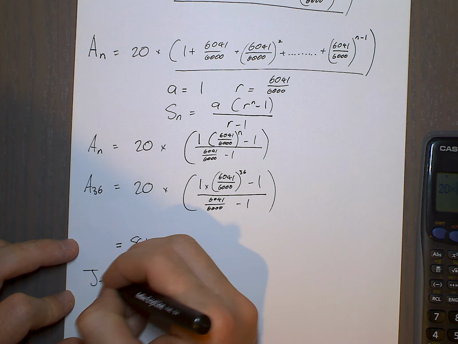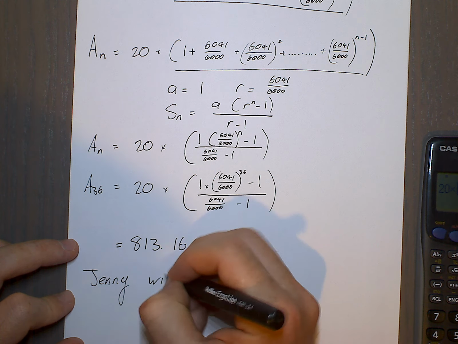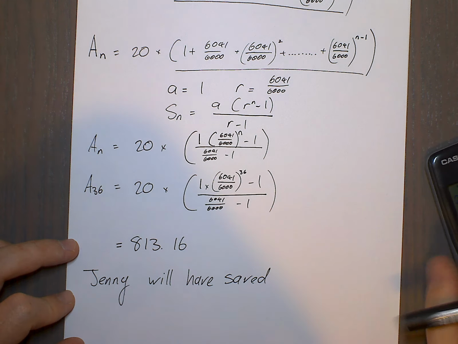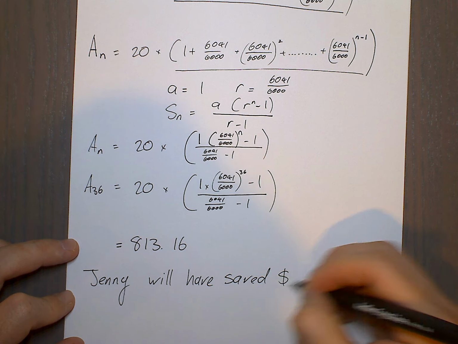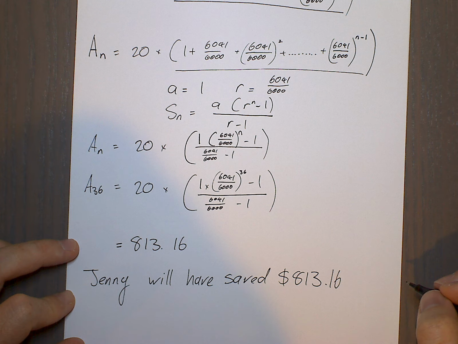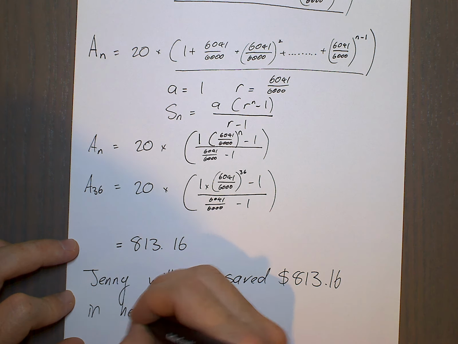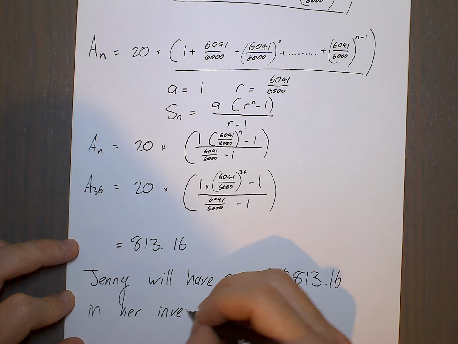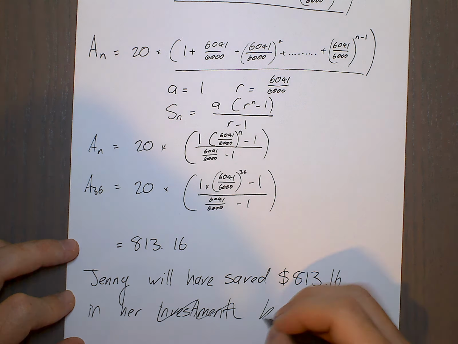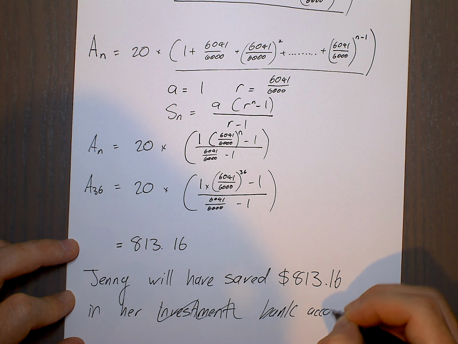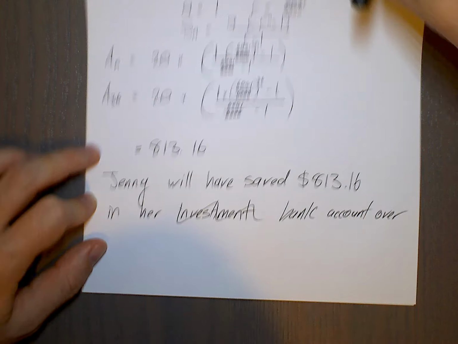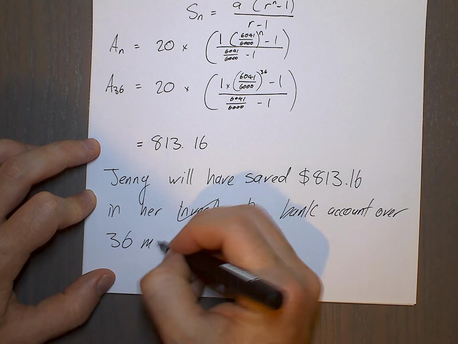So Jenny will have saved, and please use dollar signs here, $813.16 in her bank account over 36 months.